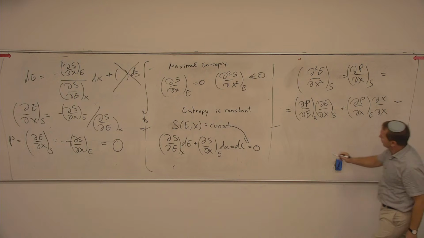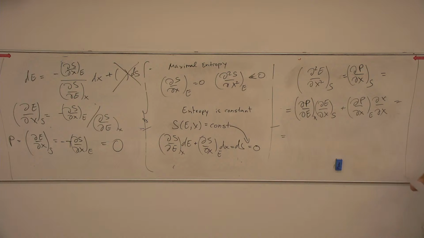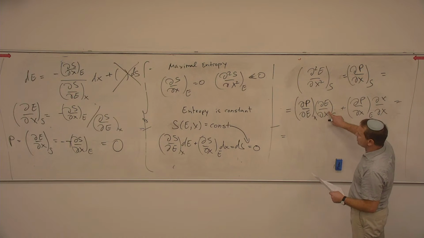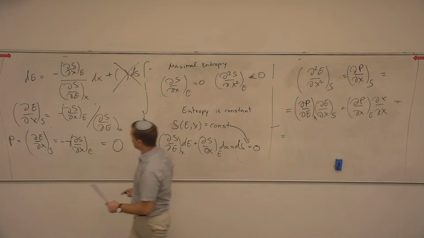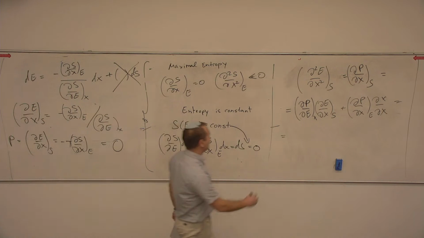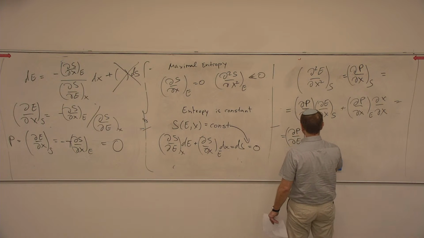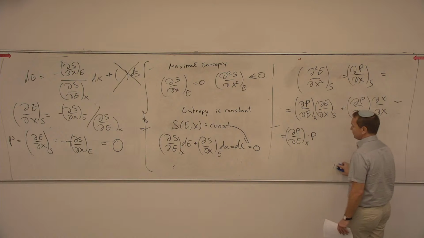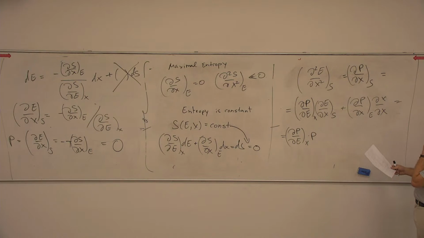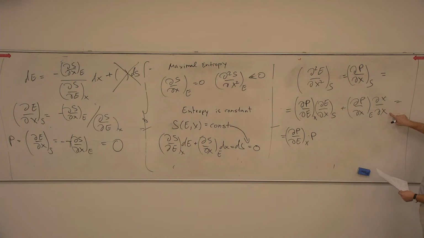Now I can continue. What is dE to dx with constant S? So this is P, right? So we have dT to dE with constant x multiplied by P. What else do we have? So dx to dx is simply 1.